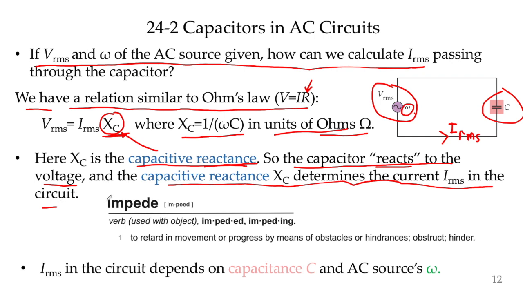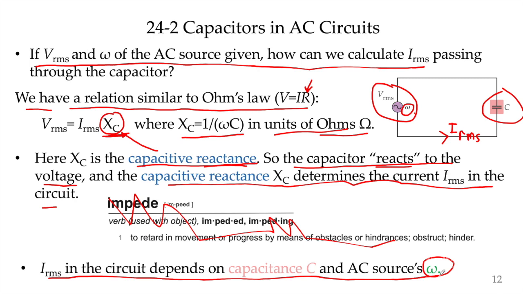I'm going to talk about impedance later. Let's cross this out. IRMS, the RMS current in the circuit, depends on the capacitance and the AC source's frequency. It's going to be different in the US, where it's 60 hertz, and in Turkey, where it's 50 hertz.